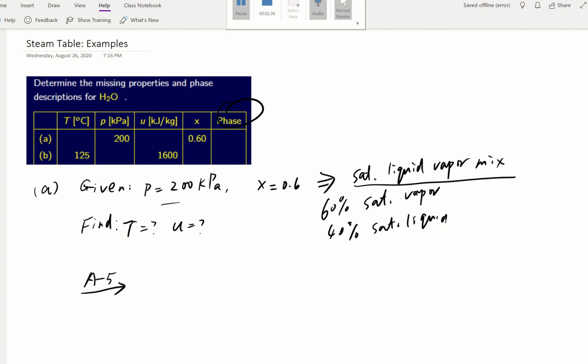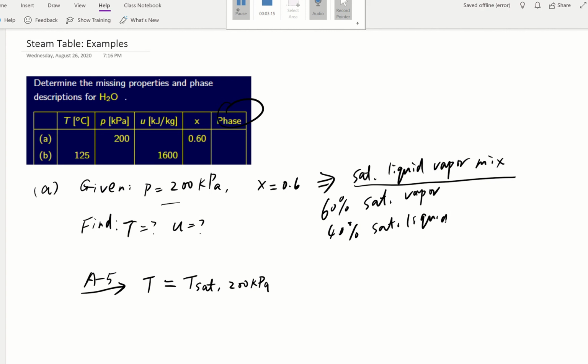From table A5, the first thing we can find out: if it's a liquid vapor mix, we know the T is going to be equal to the saturated temperature at 200 kilopascal. Because, referring to the previous video on the TV diagram, at a saturated liquid vapor mixture the temperature is equal to the saturated temperature, the boiling temperature.